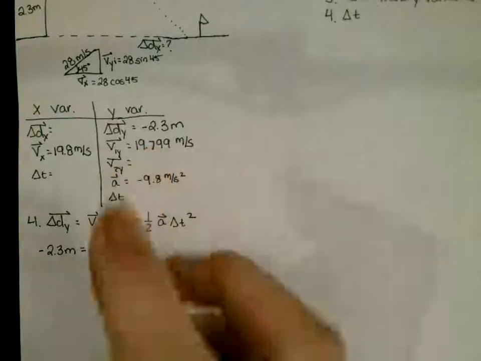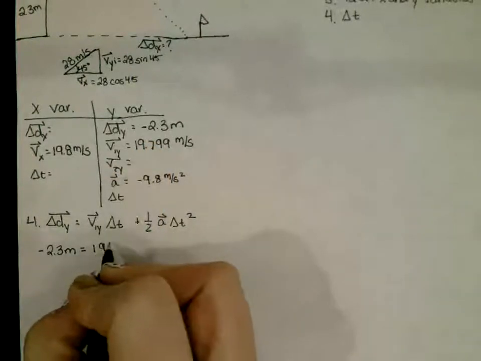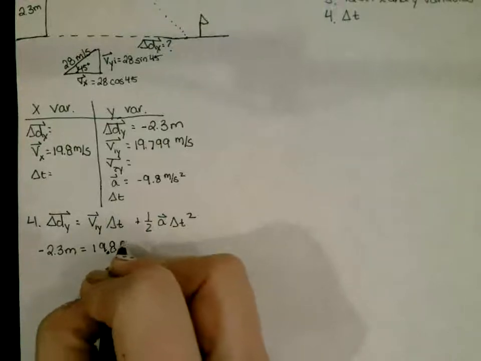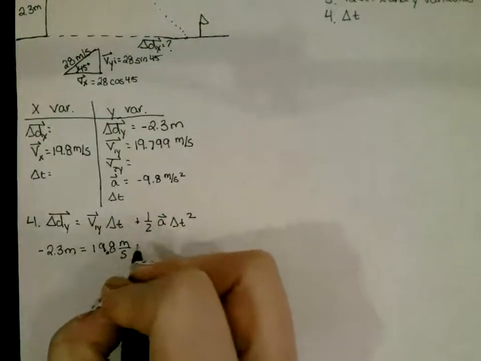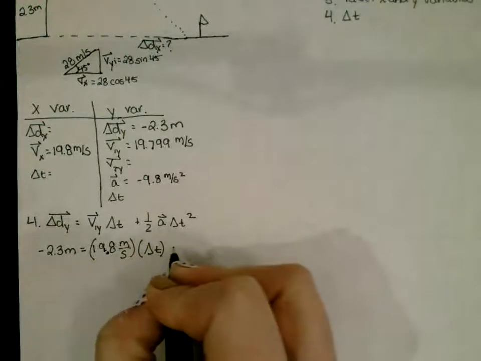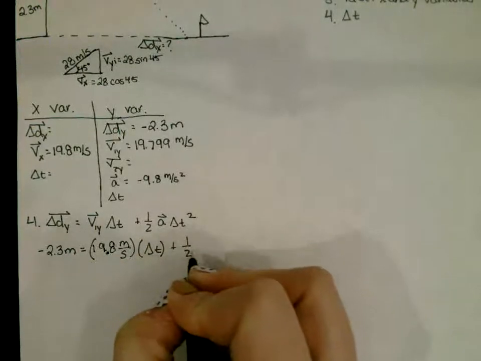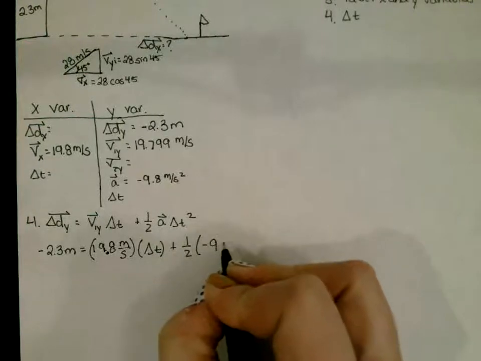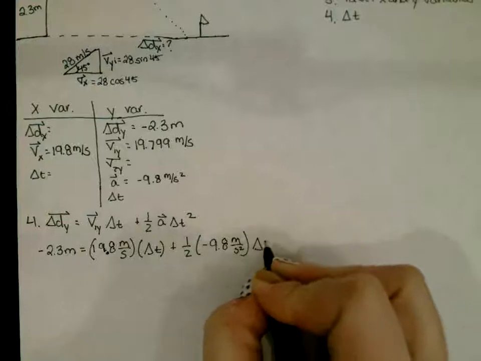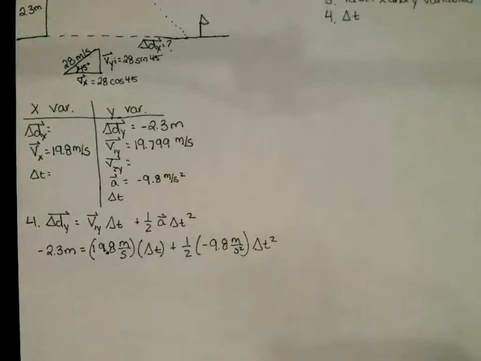My initial velocity on the y-axis is 19 point, I'm just going to round that to 19.8 meters per second. We're looking for change in time, plus 1/2 times negative 9.8 meters per second squared, change in time squared.